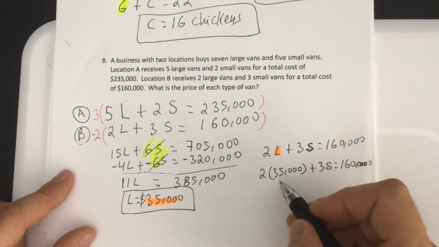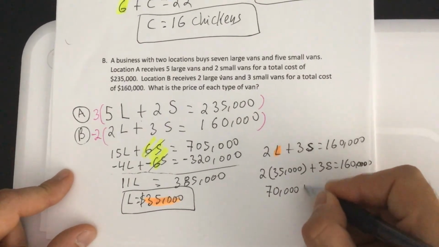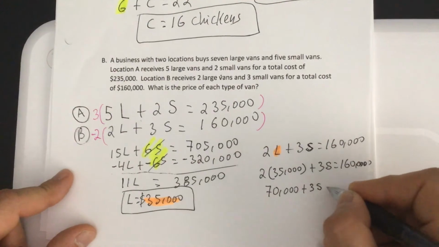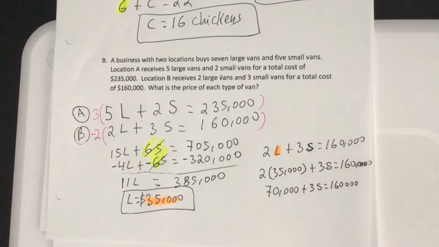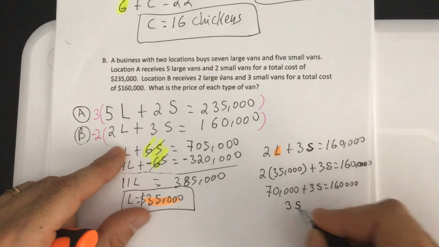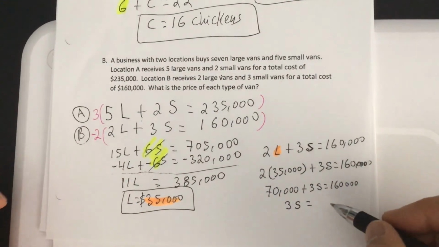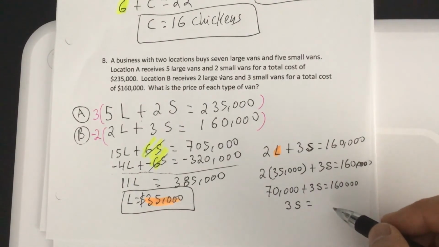2 times 35,000, that will be 70,000, plus 3S equals 160,000. And then what we do over here is 3S equals, well, we got 160,000 minus 70,000.